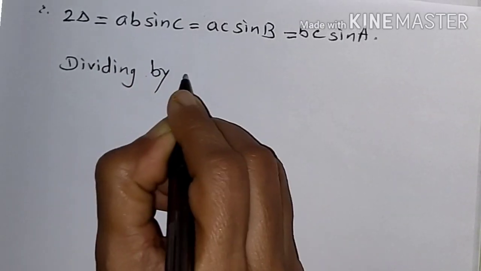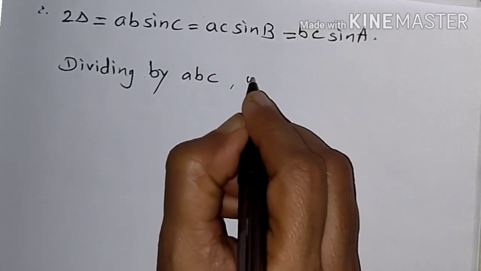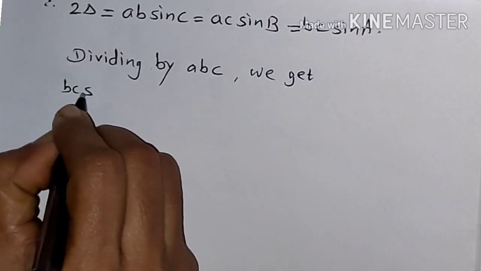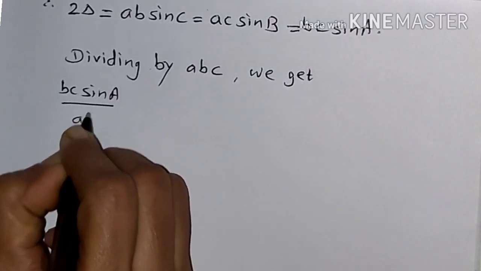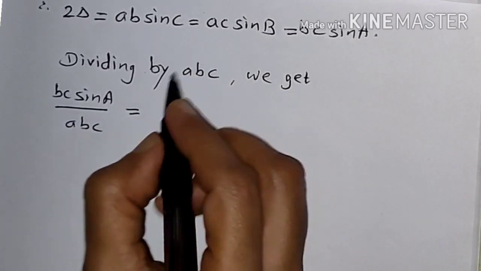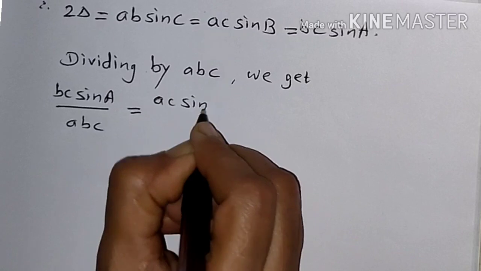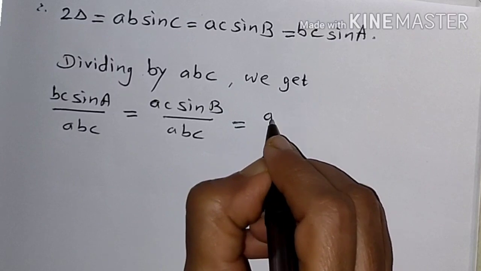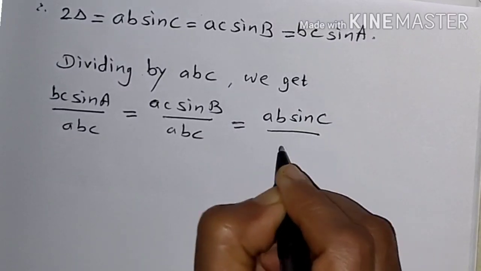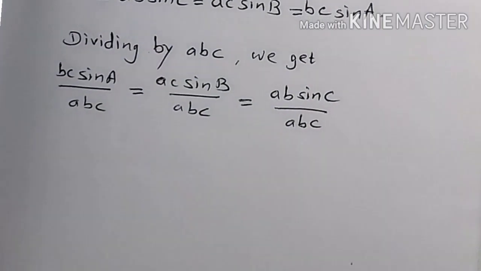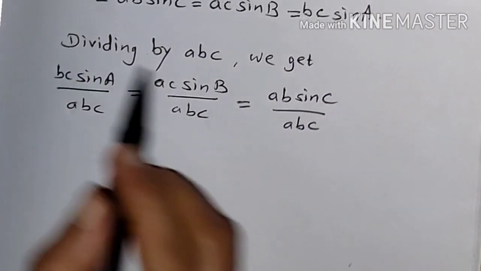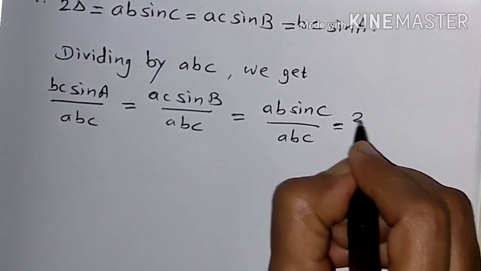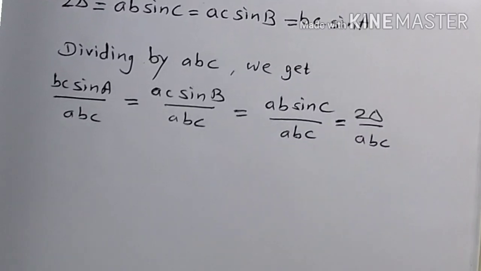Dividing by abc, we get bc sine A upon abc is equal to ac sine B upon abc is equal to ab sine C upon abc. And this ratio is equal to 2 delta upon abc.